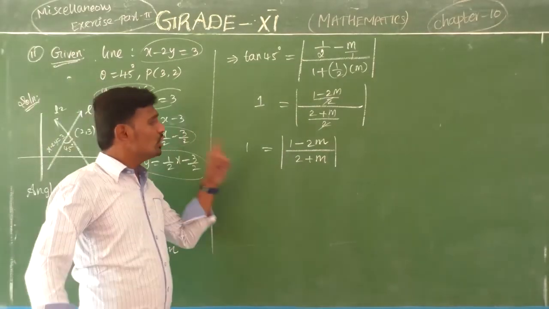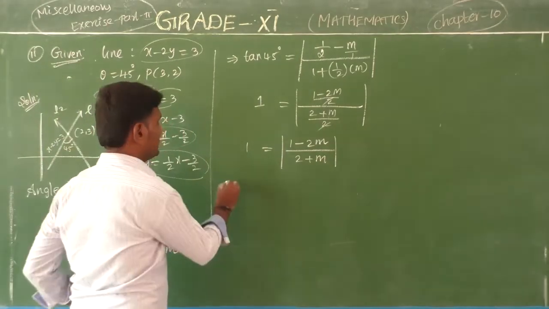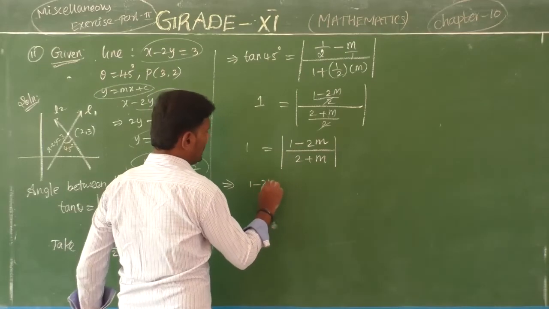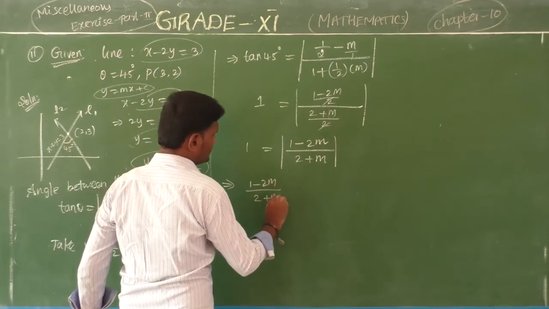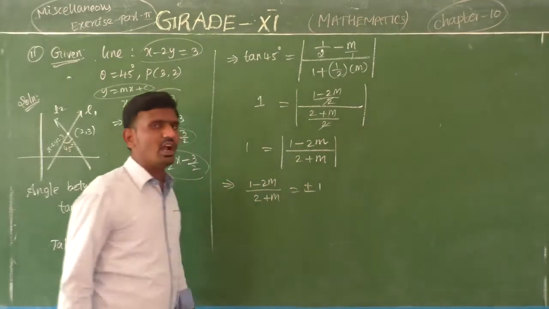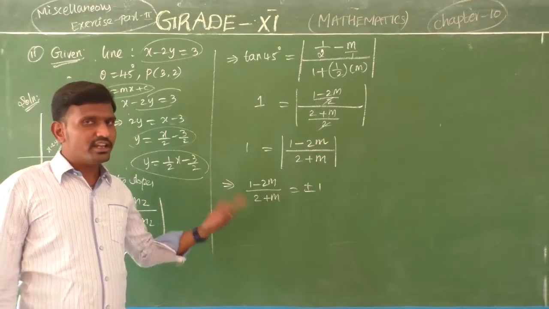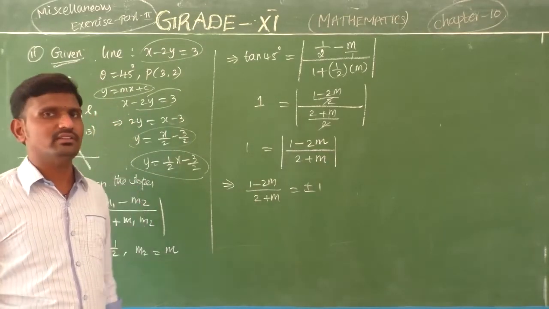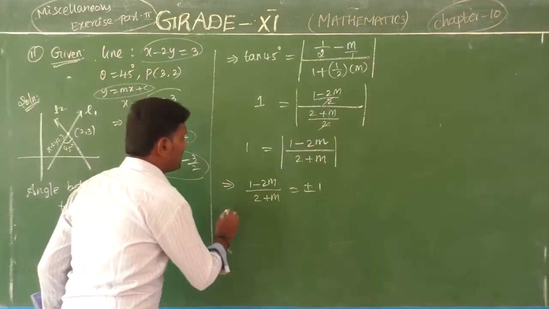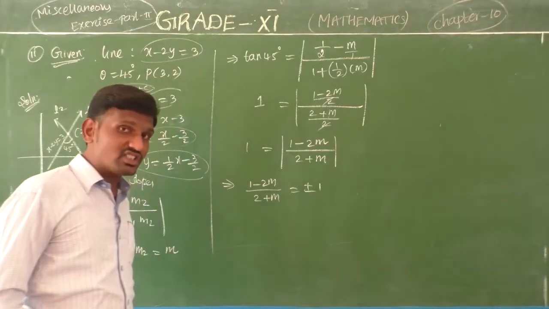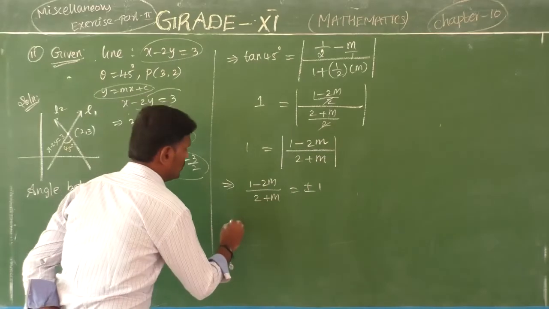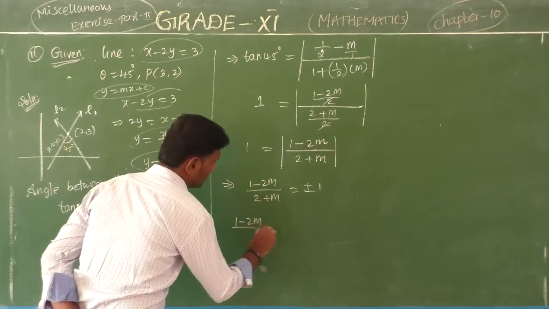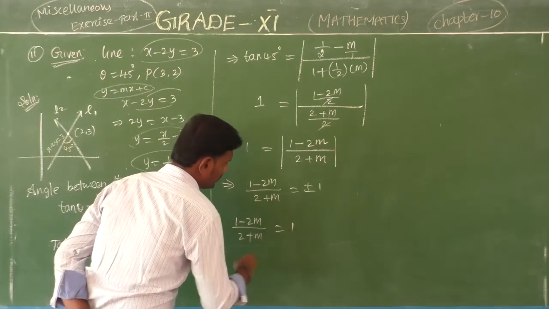To remove the modulus, the value of 1 minus 2m by 2 plus m is equal to plus or minus 1. Now I am taking the positive square root and the negative square root also. So 1 minus 2m by 2 plus m is equal to 1.